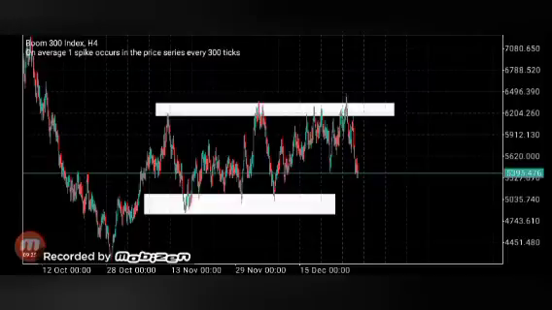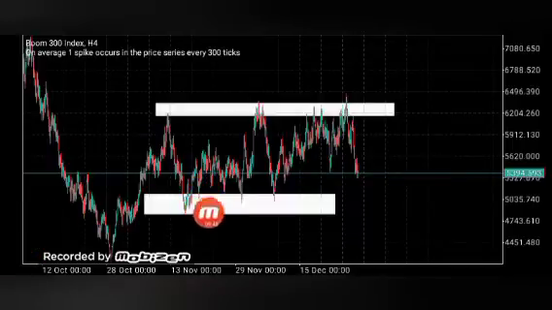Why is it my second key area? If you remember what I said about the resistance, I showed you what price did each time it came into my highlighted area. Same thing here. You can see once price got in this area at this point, what happened? It bought.